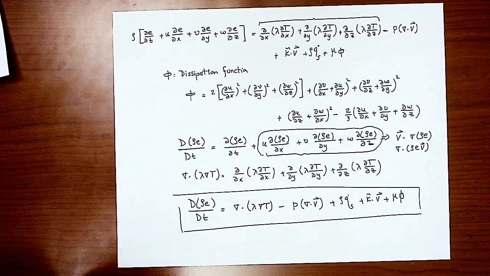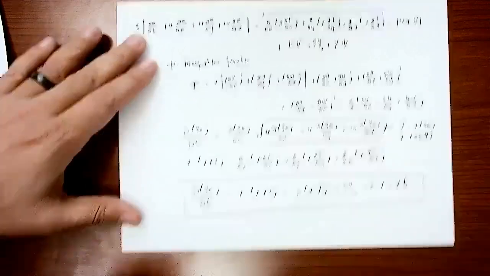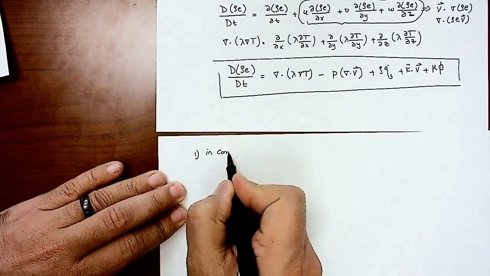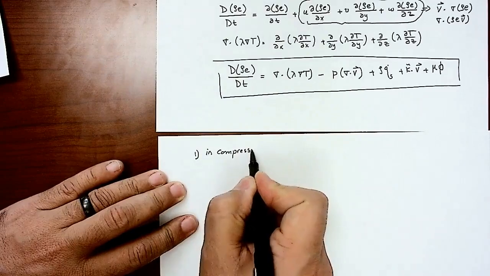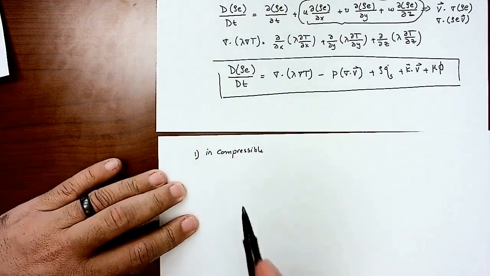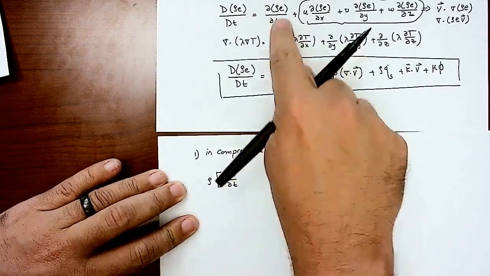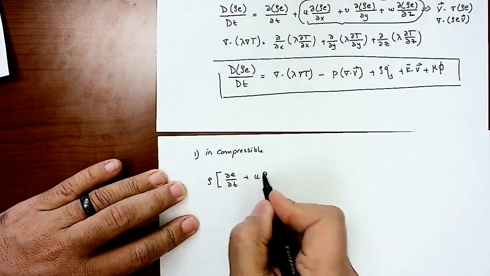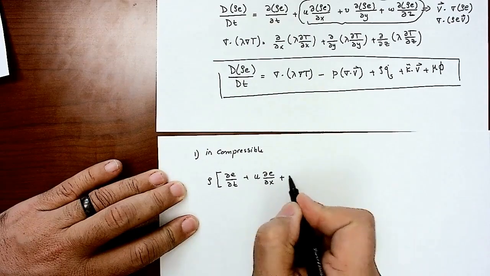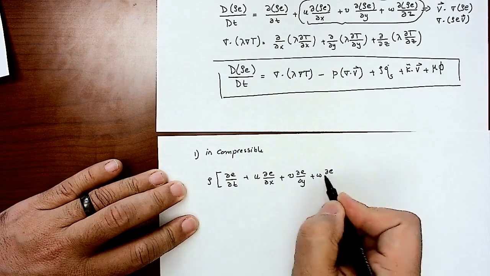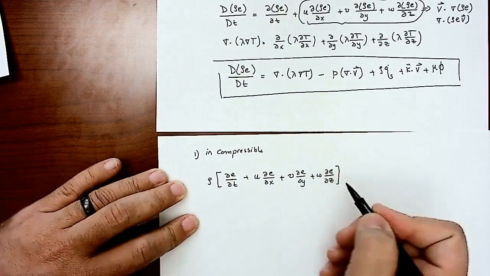Remember, E is simply the internal energy, right? So let's write down the special cases here. If I'm dealing with incompressible flow, it will be rho times partial E by partial t plus u partial E by partial x plus v partial E by partial y plus w partial E by partial z.